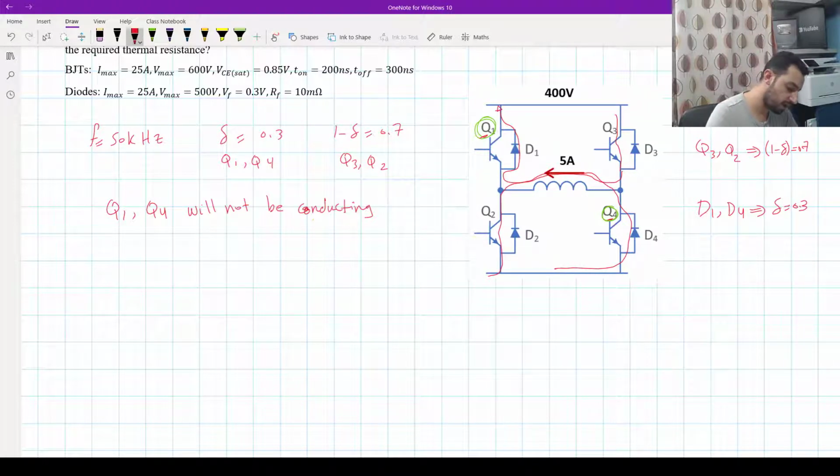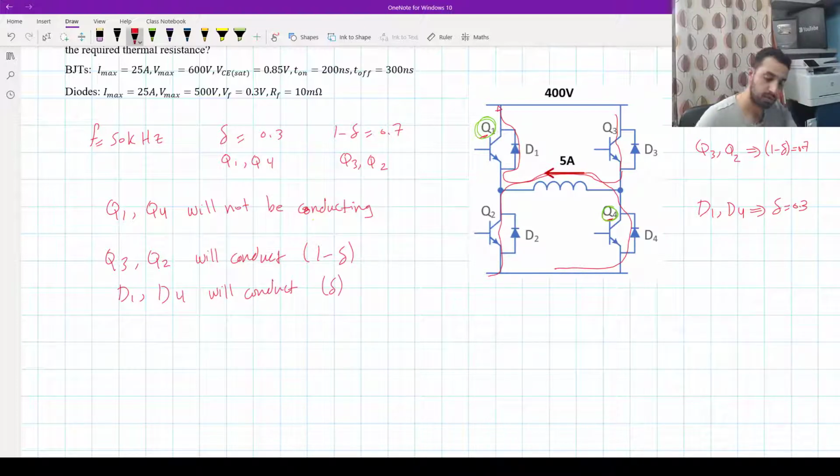So Q3 and Q2 will conduct during the 1 minus delta time, and D1 and D4 will conduct during the delta time. That's it. I think we covered the whole period. Now we know which switch will be conducting during the delta and 1 minus delta.